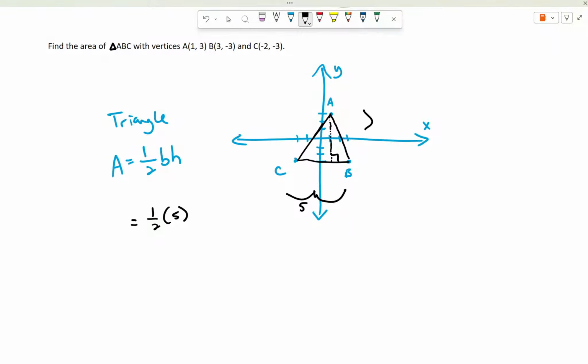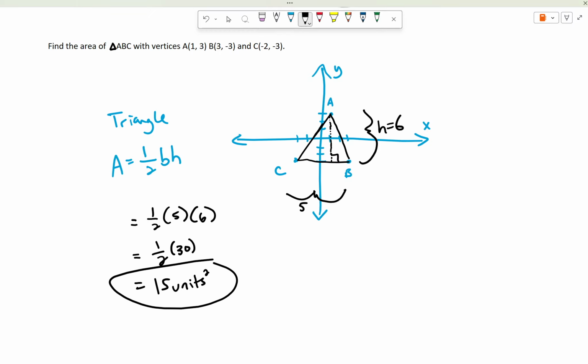And this height is equal to 6. It's 6 high, okay? 1/2 of 5 times 6, which is going to be 1/2 of 30, which is equal to 15 meters squared. All right.